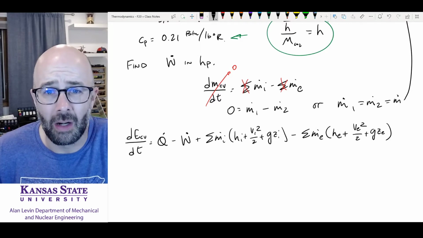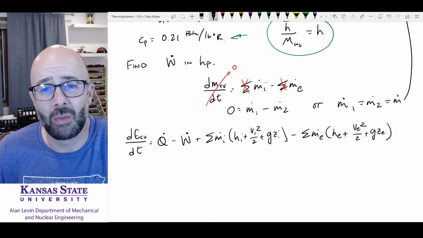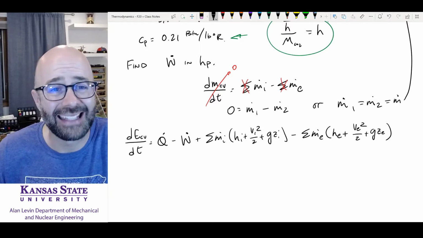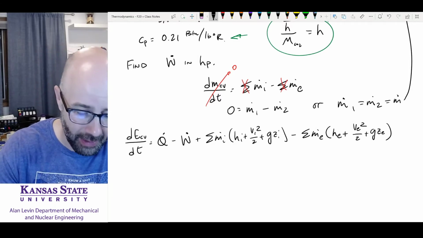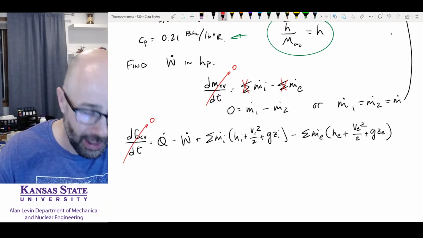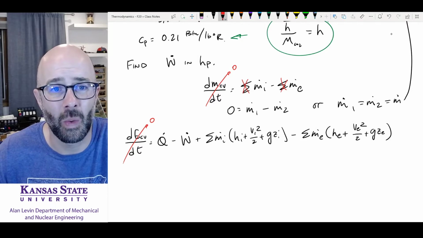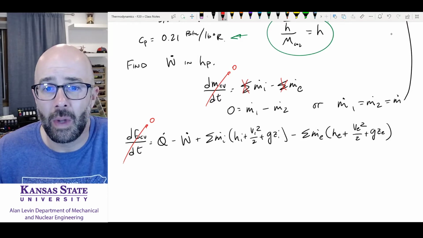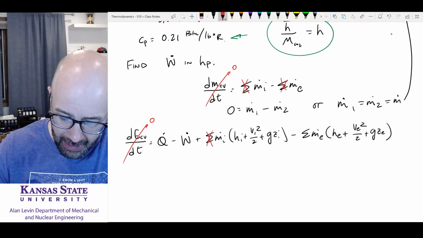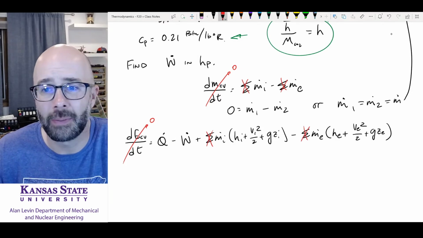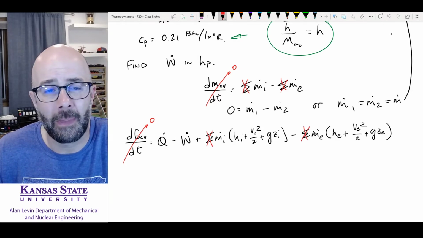Okay, again, we are going to be using this problem and this equation at steady state. So the properties are not changing with time. The property of energy is not changing with time, and that's going to go away. We don't have a summation here because we just have one mass flow rate going in and out. And we don't have any potential energy.